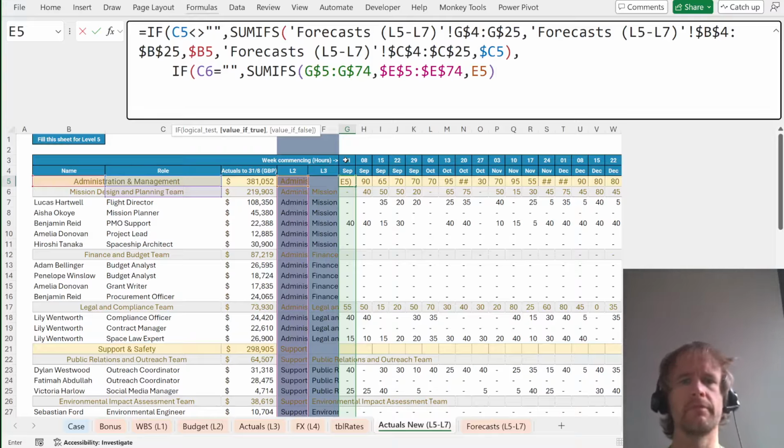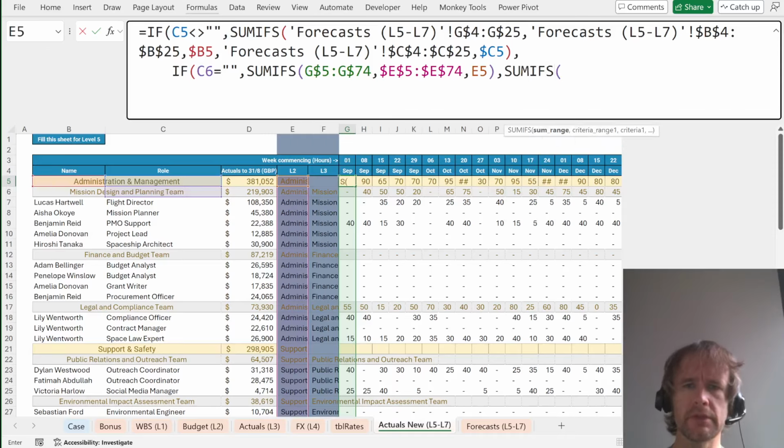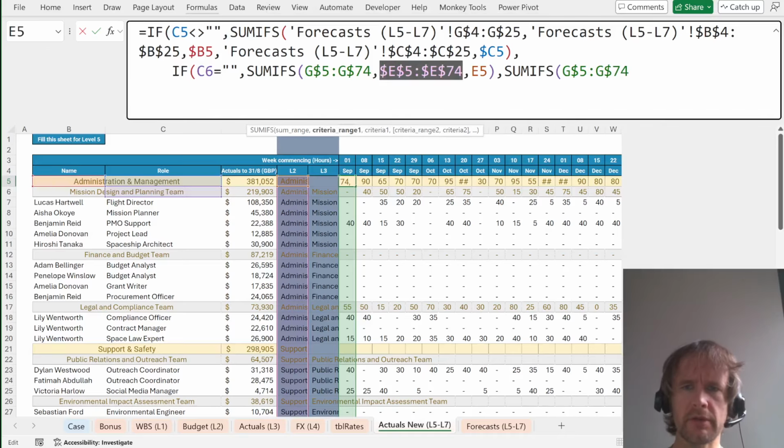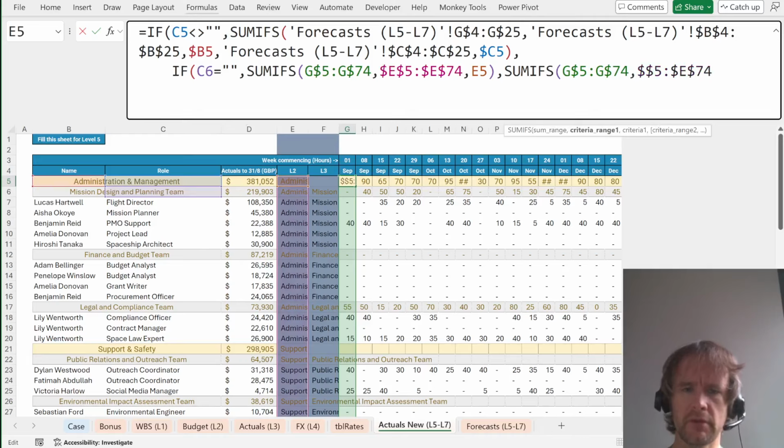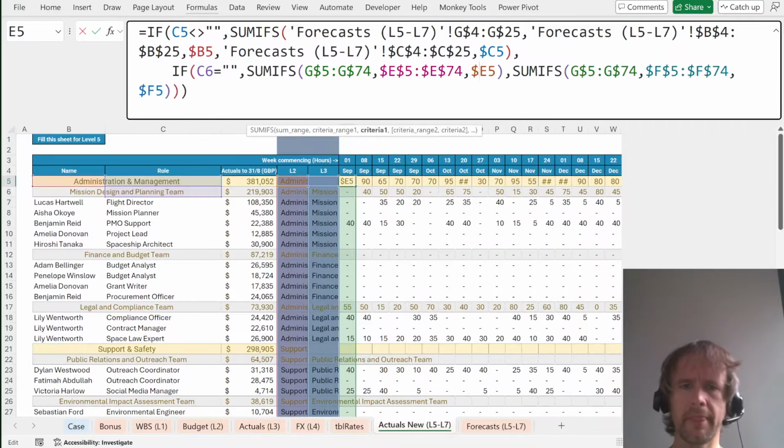Okay, well, this is going to throw a circ error in a second, but that's fine. Otherwise, SUMIFS, same thing, sum this, where this, but now instead of EF it is dollar $F5, not just F5. Close the SUMIFS, close the if, a dollar on that.